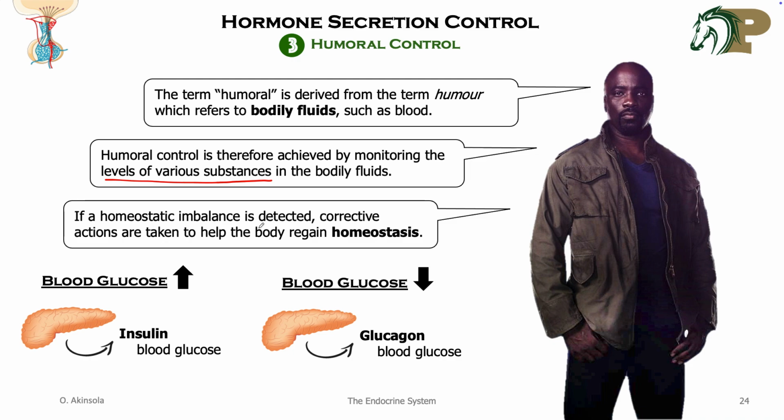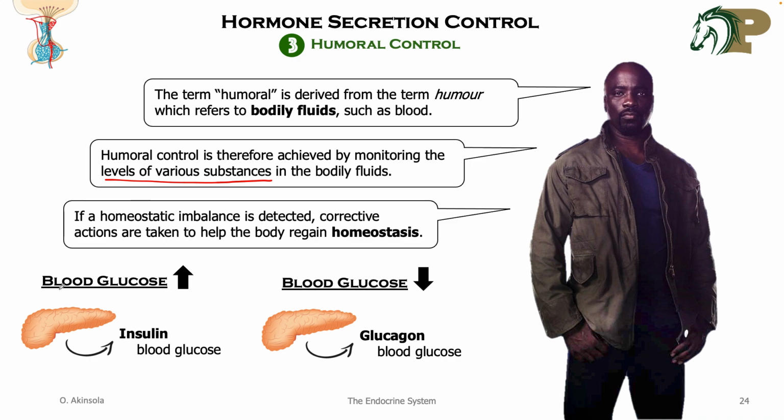Okay? And here in humoral control, the stimulation for an endocrine gland to release a hormone will come from the levels of a particular substance in the blood. Okay? So 3 different types of regulation for release of hormones from endocrine glands. Okay?